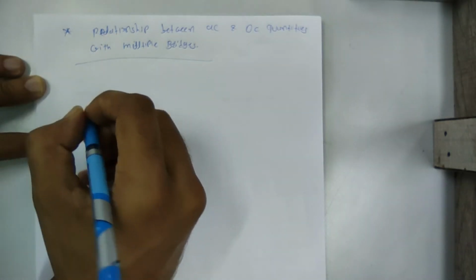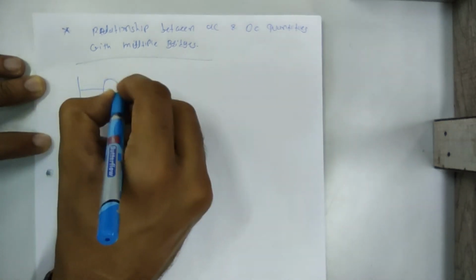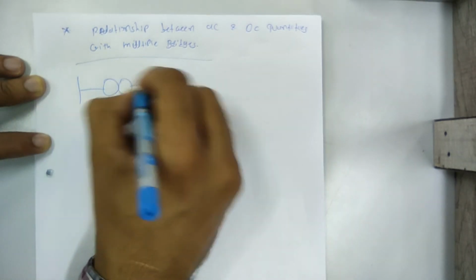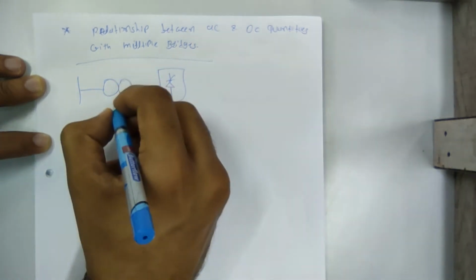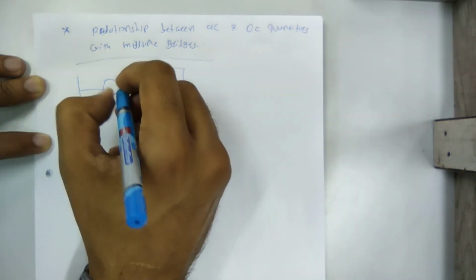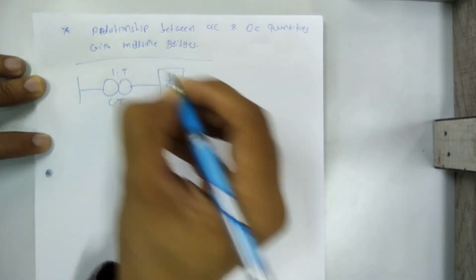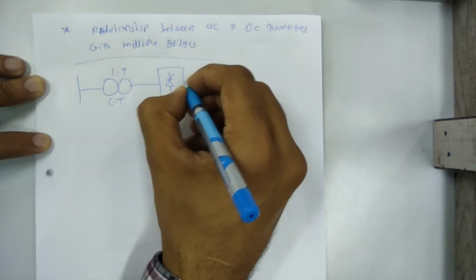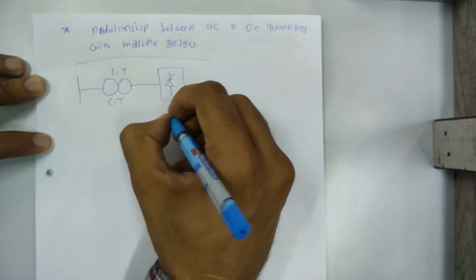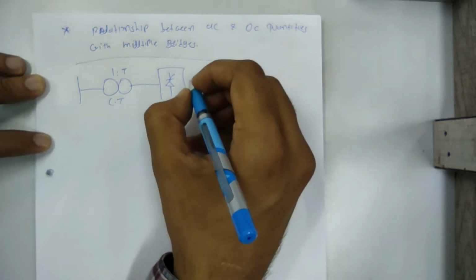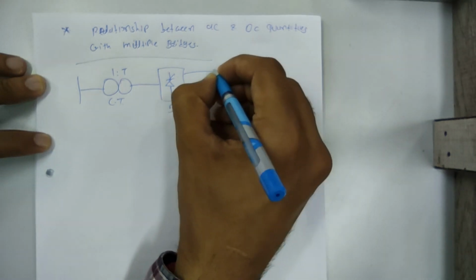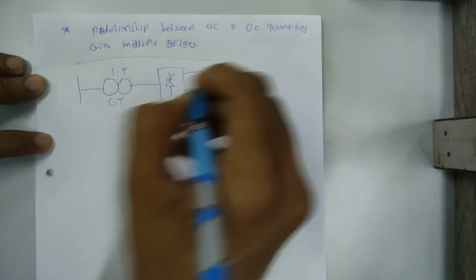So now let's draw the single line diagram. This is a converter. This is a converter transformer. Suppose this transformation ratio is 1:T. Suppose B number of bridges are connected in series.